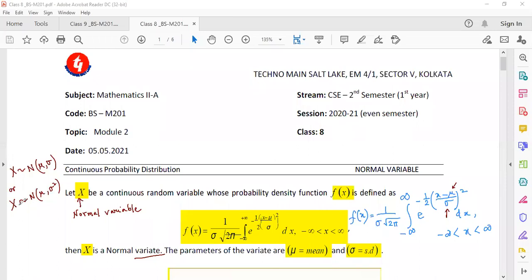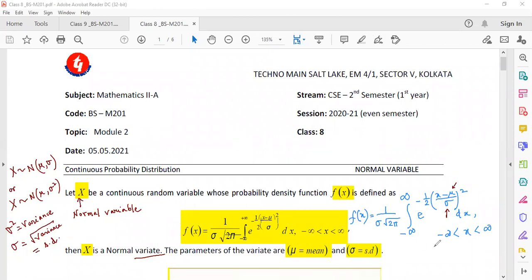Why? Because sigma square is the variance and sigma is the positive square root of variance, which goes by the name standard deviation. So remember these things, okay?